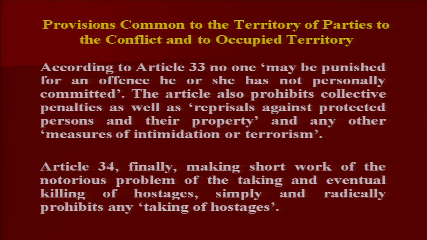Generally, there is a symbol indicating that these are protected properties. So, during armed conflict, if a symbol is placed on a property, it means that it is a protected property, and this property should not be attacked.